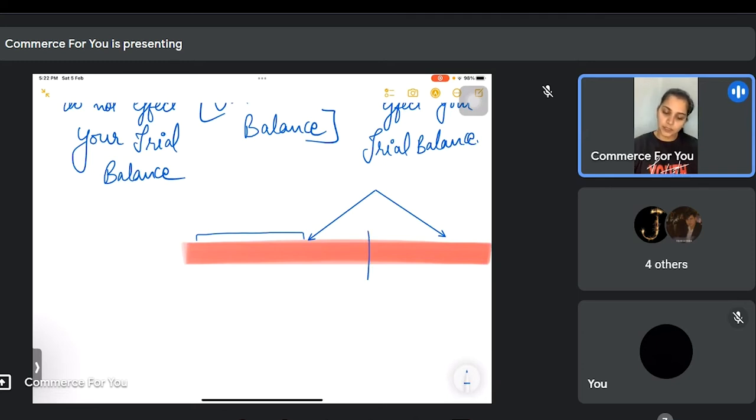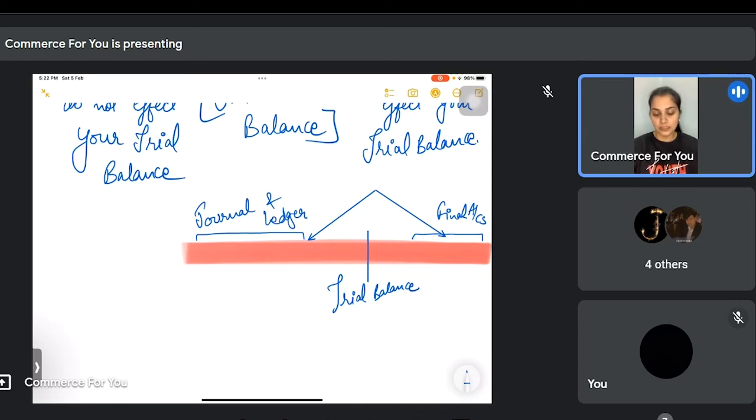Here you have prepared your trial balance. And here you are finalizing your accounts, so you are making your final accounts: your trading, profit and loss, balance sheet. And here you are doing general and ledger now.